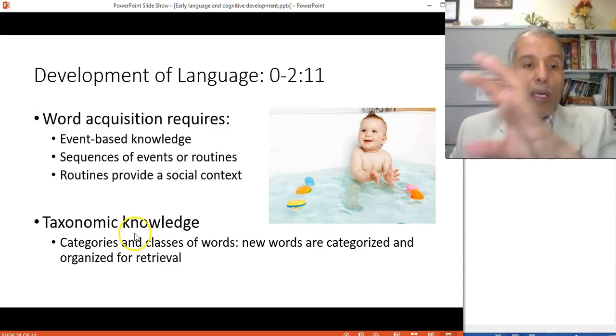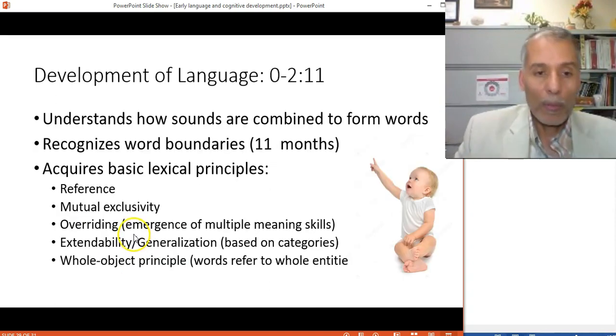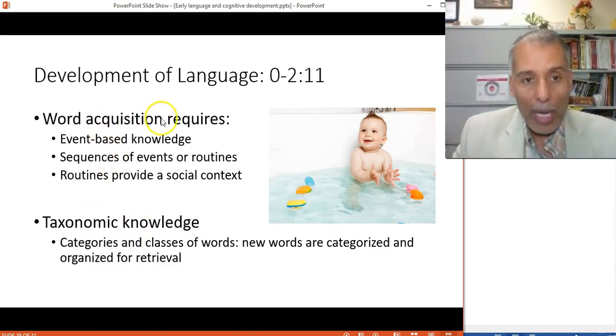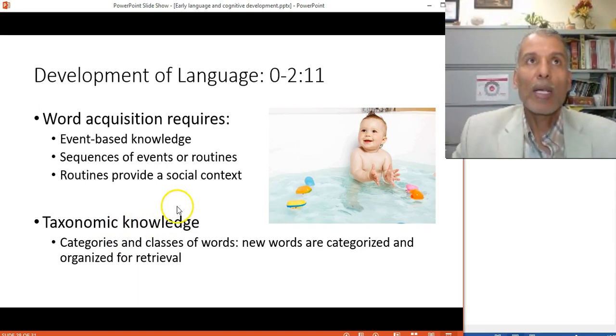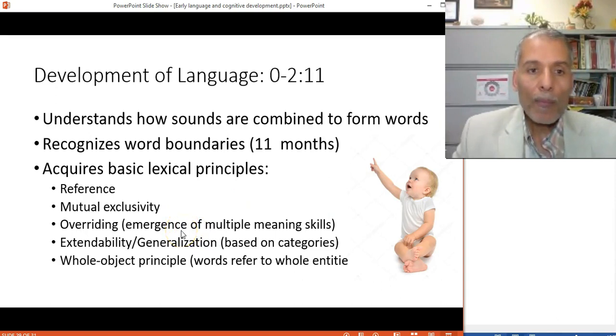Food items versus toy items and so on. So you have the event and the routines, and you also have the ability to categorize things, like all horses are in the same category. The ability to understand all dogs are in one category, and so on.